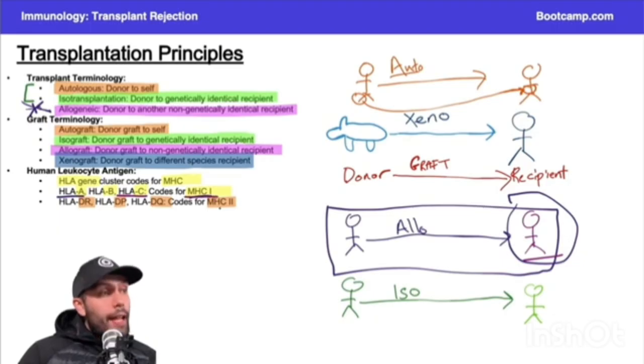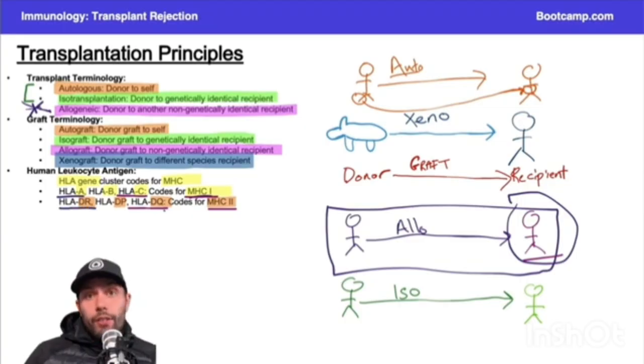Now, the other thing that can happen is we can also have antigen presenting cells that say, hey, look, these HLA molecules that have the two letters after the HLA, these HLA antigens are different from our HLA antigens. Again, this is now at MHC2. This is going to be antigen presenting cells. And if you're not familiar with some of this, go back and watch some of the videos on T cells that we've talked about.